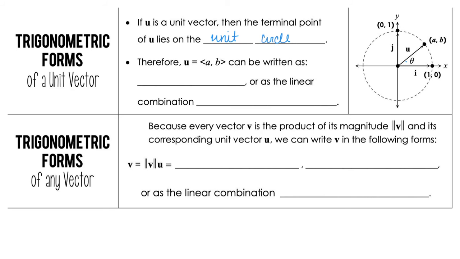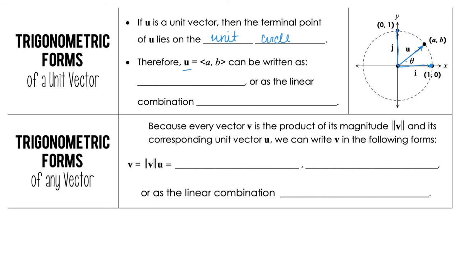So notice again, here is I, and here is J again. And then AB is sitting somewhere inside here. That's going to be our unit circle.